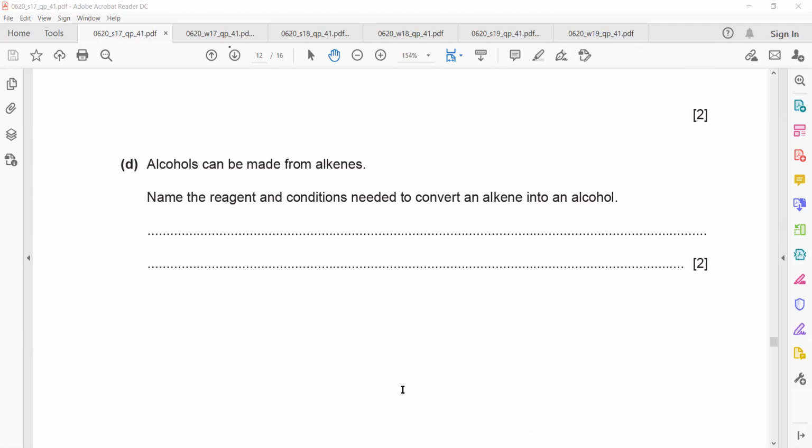The condition: using a catalyst. We normally use phosphoric acid, so steam and phosphoric acid as a catalyst. Steam is the reagent, the chemical, and phosphoric acid is the catalyst.